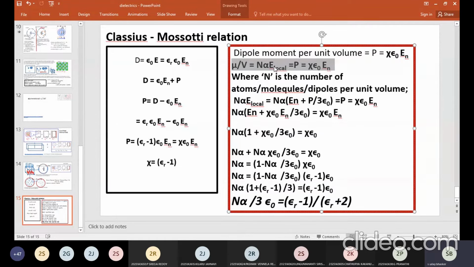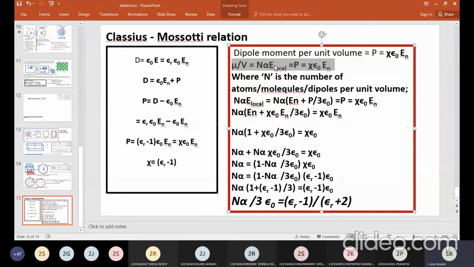Alpha E is the dipole moment of each dipole, and N is the total number of dipoles present per unit volume of that material. So N into alpha E gives you the total dipole moment per unit volume.